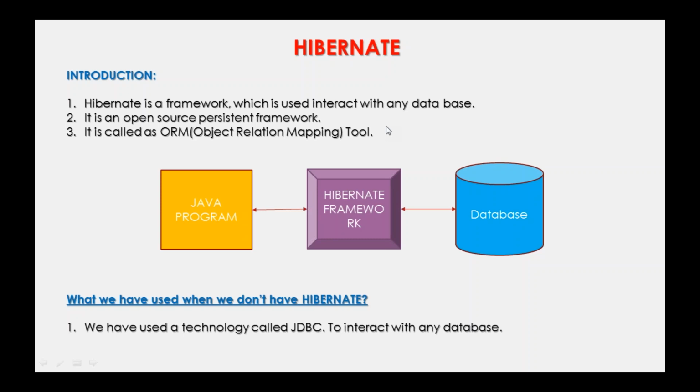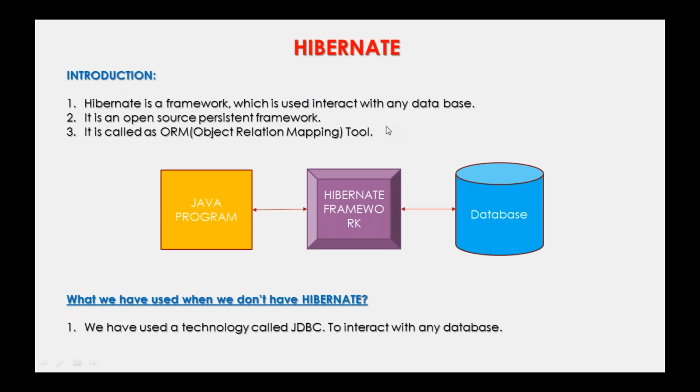If you store an object in a database, that object is called a persistent object. What is the meaning of persistent here? Simple, permanent storage. If you hear the word persistent, we are talking about permanent storage.